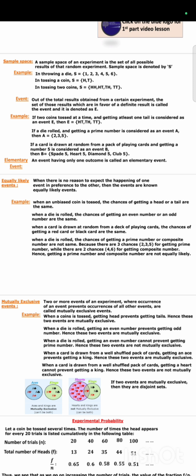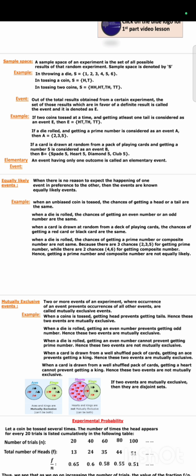Or, in another way, a set of events is said to be equally likely if there is no reason to expect one of them in preference to the other. See, we won't give any preference when we toss a coin. If we plan it, one person will stick to head and another to tail. But if you toss a coin on your own, without playing any game with anyone, you won't prefer anything, something will come.